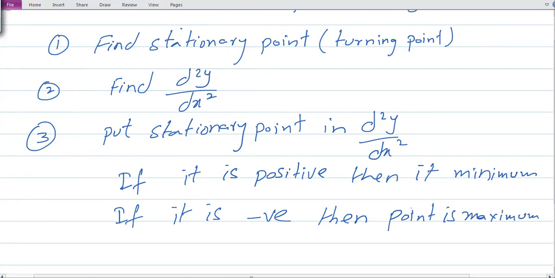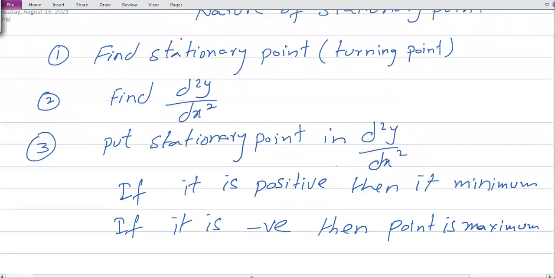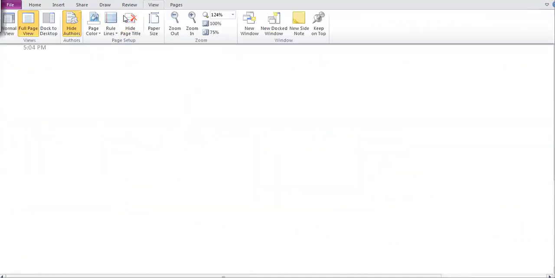How? Let's see. I will do one example. If you want to take a screenshot of this to remember these steps, you can take that. I'm taking a curve y equals 2x square plus 5x plus 7.